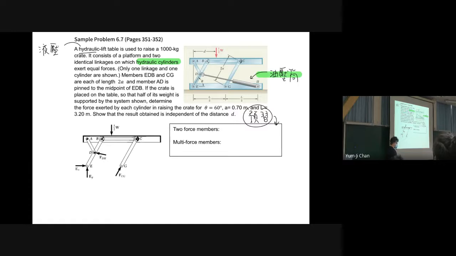So in this problem, we look at what to determine here. What do we need to determine in this problem? We need to determine this one, the force exerted by each cylinder.